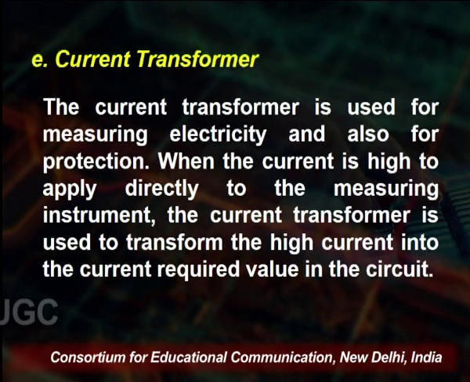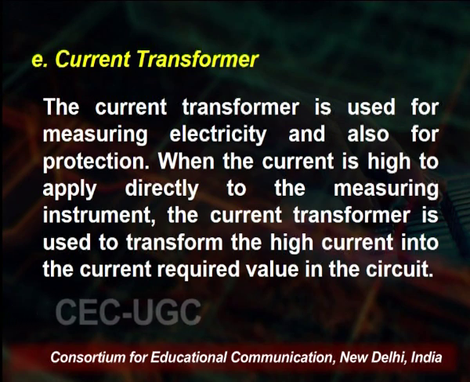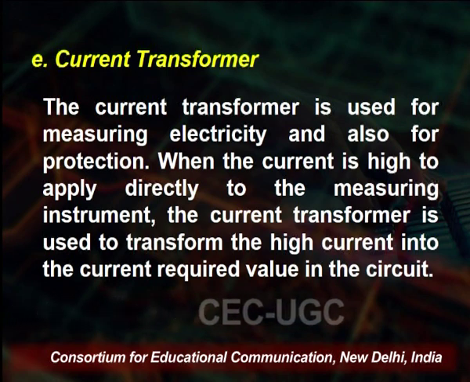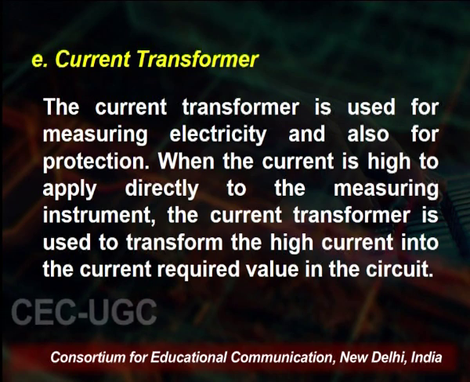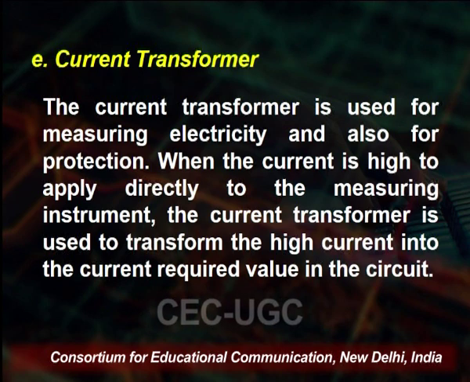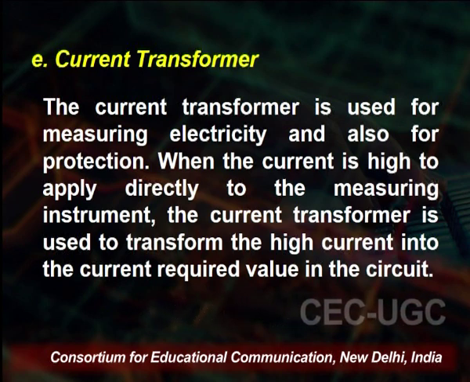The current transformer is used to measure electricity and also for protection. When the current is too high to apply directly to the measuring instrument, the current transformer is used to transform the high current into the required current value in the circuit.